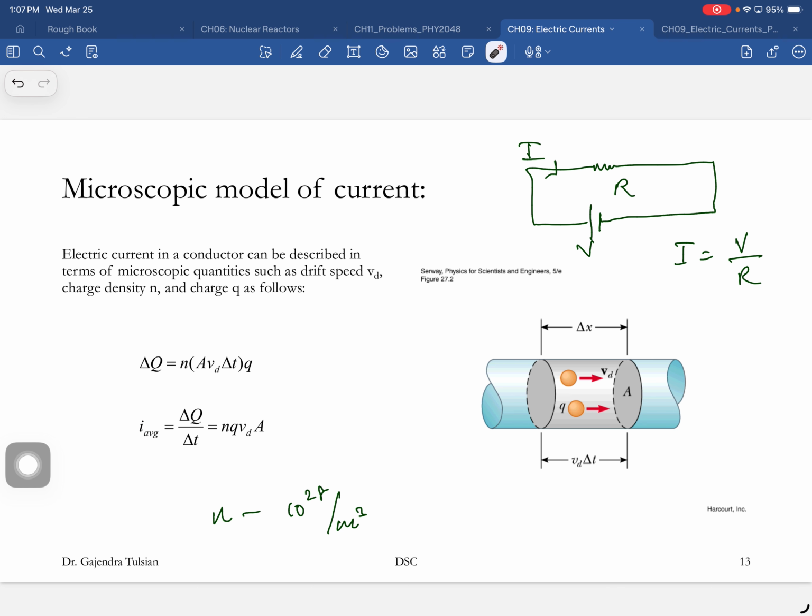Now let's come back to this expression. The current doubled, so let's see what changed here. Does the carrier charge density change? No. Did the charge of the electron change? Did the area of cross section of the wire change? So how did you double the current? The drift speed doubled.